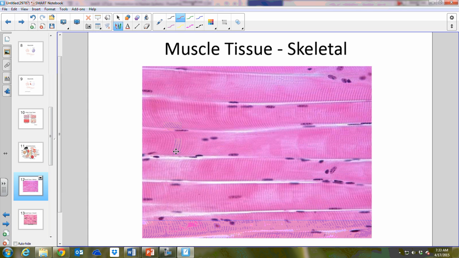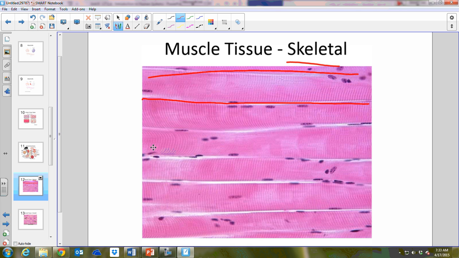Muscular tissue. Muscular tissue moves things. It moves your bones. It moves things through your body, whether it be blood or food or whatever. It moves by contracting, by becoming smaller. These muscle cells, this represents skeletal muscle. Skeletal muscle is a kind of muscle tissue, and essentially what happens is each one of these cells, you can see these are all individual cells here, these lines, and you can see the little bars.